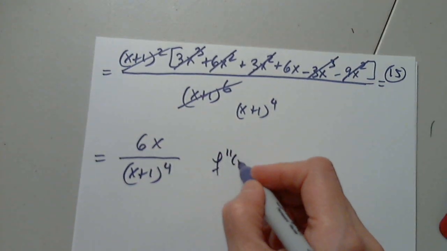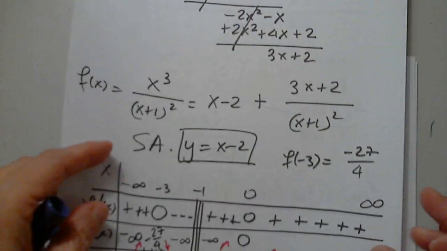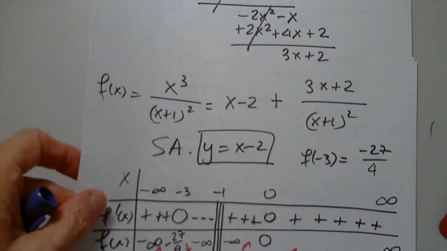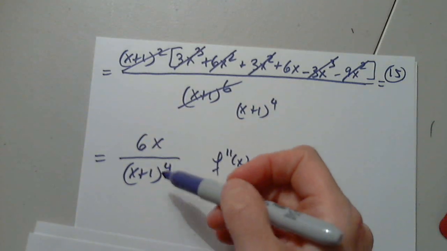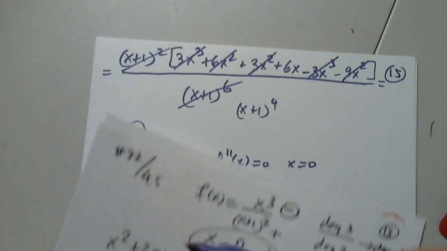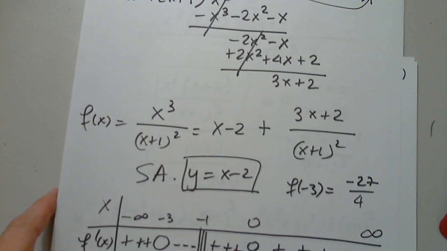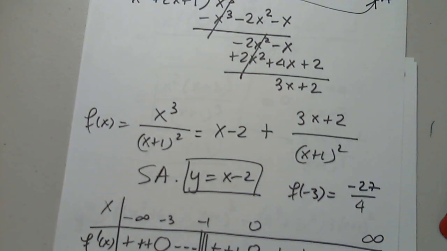So the second derivative is 0 when x is 0. Okay, fine. What else? So this is always positive. To the left of 0 is negative, and as expected, to the right of 0 is positive.